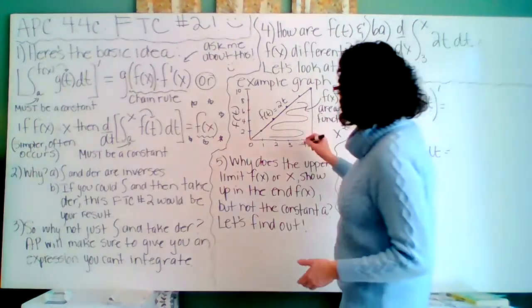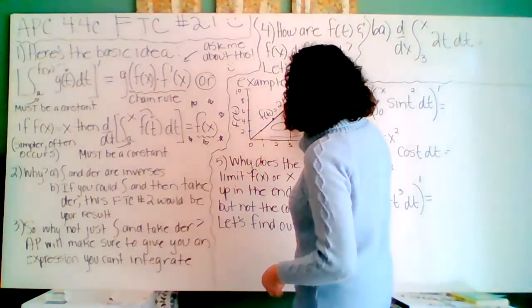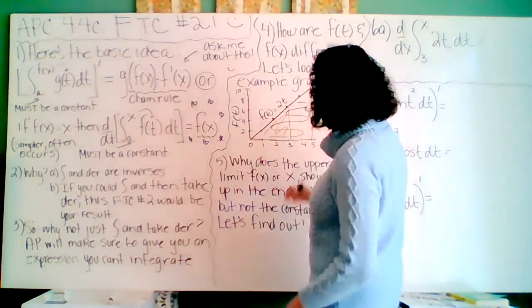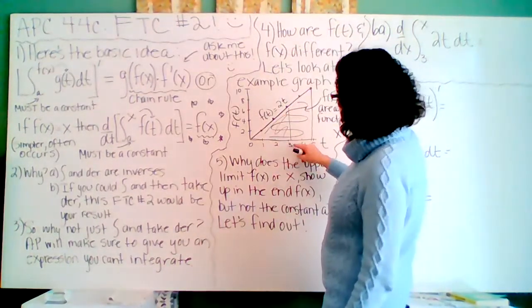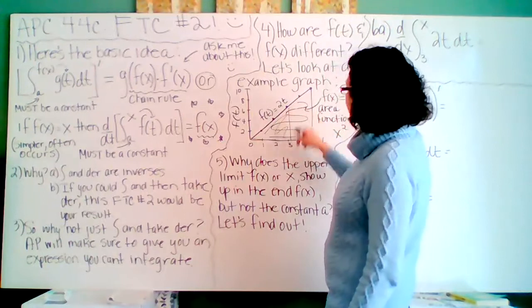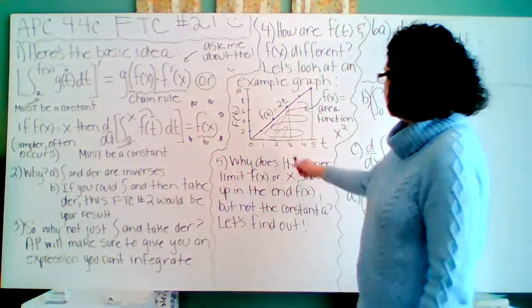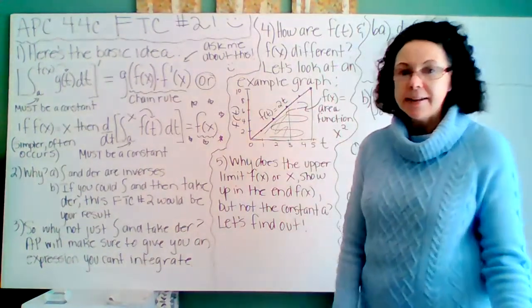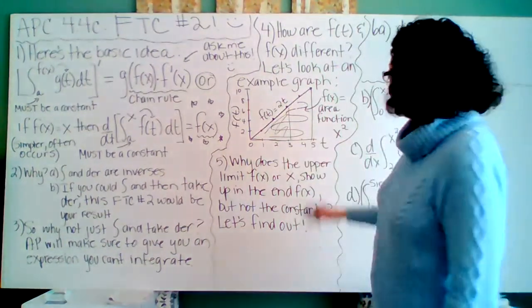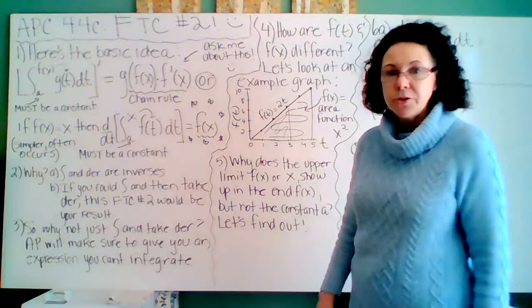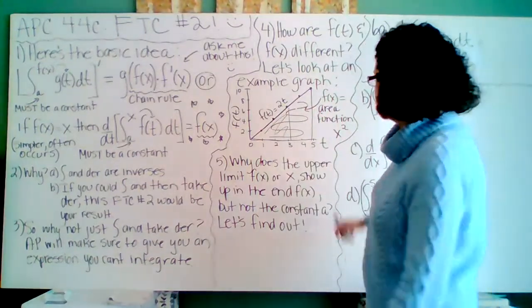Let's take a look right here. This triangle from 0 to 3, base of 3, height of 6, that's 18, and then half of that is 9. 3 squared is 9. Certainly it's not the function 2t, it's a different function, it's x squared.